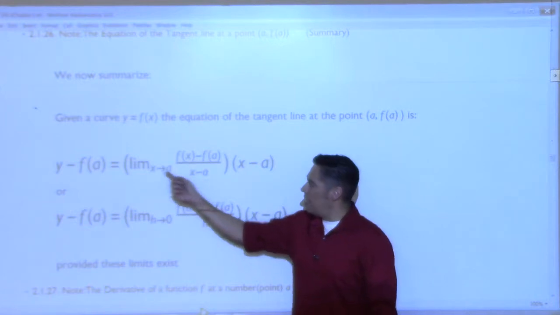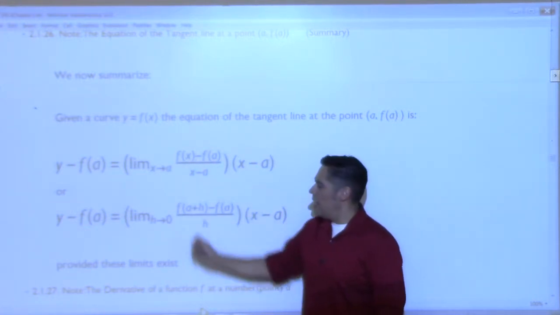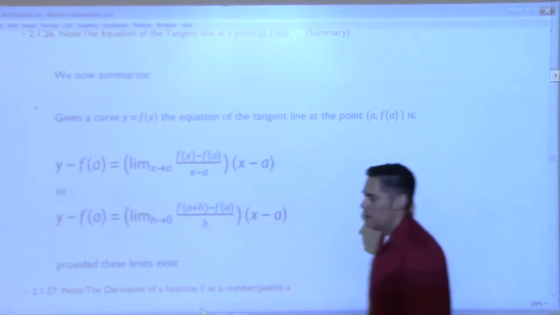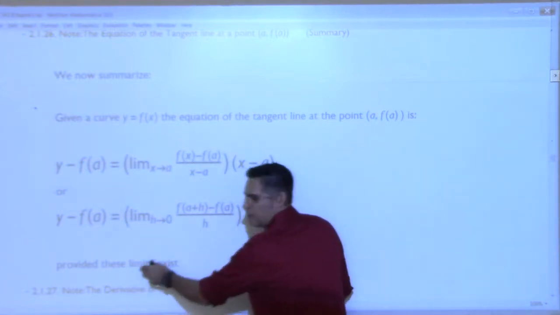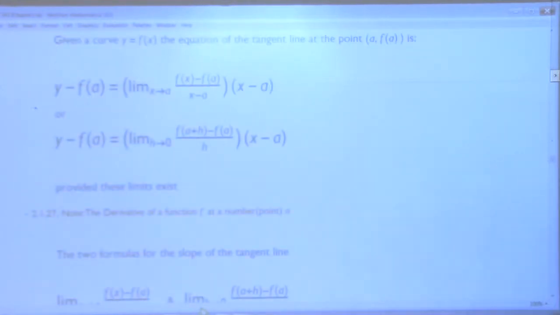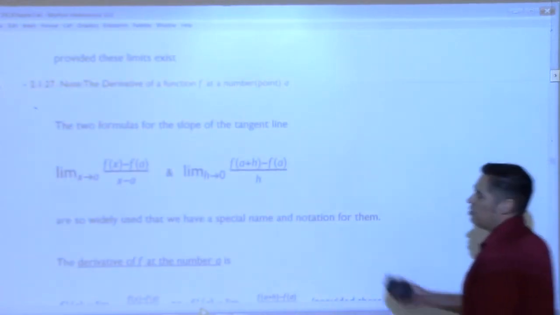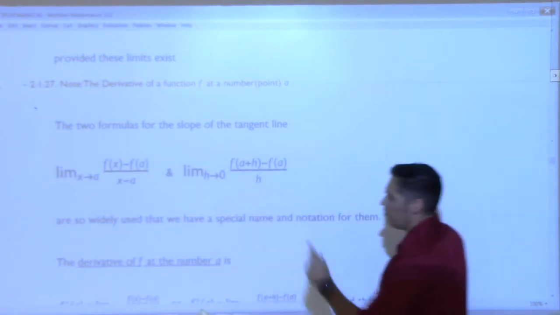In this limit, x is going to a, and that's the difference quotient you're going to use. And then in this one, h is going to 0, and you're going to use this one, provided the limits exist. Now, we haven't run into any problems yet, so we won't worry about it. So basically these are the two formulas we have for the slope of the line, right? Yeah. Those are the two formulas.